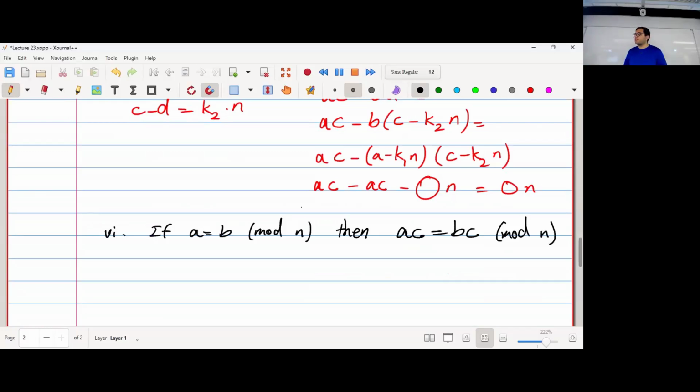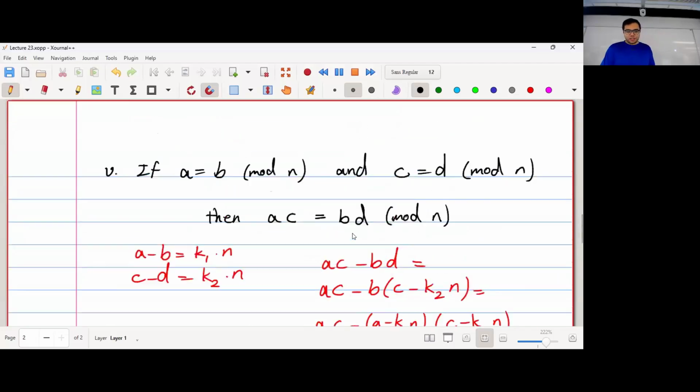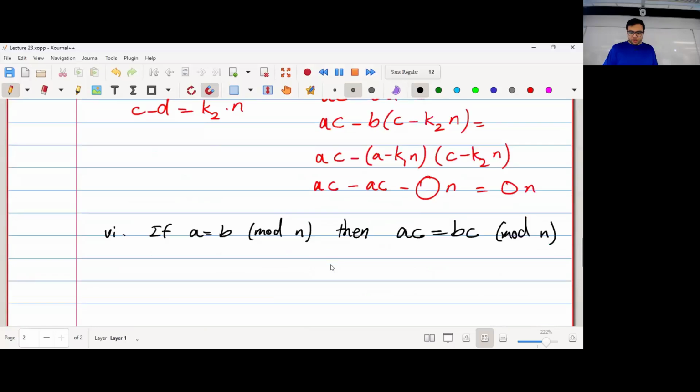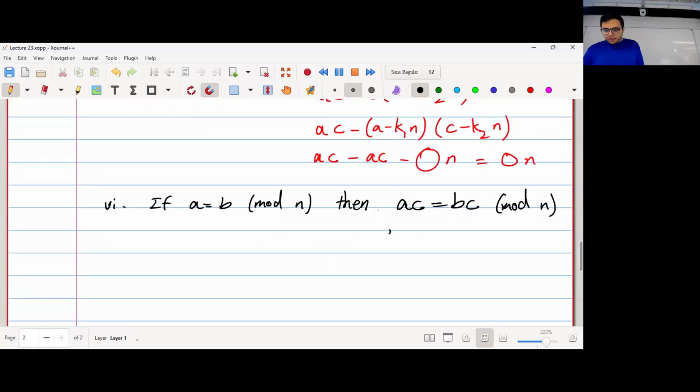Again, this is a special case of the previous one, because of course, C is congruent to itself. Okay, great. And of course, I can have a special case of this for addition as well. So I can say A plus C is also congruent to B plus C. This is also very easy to check.